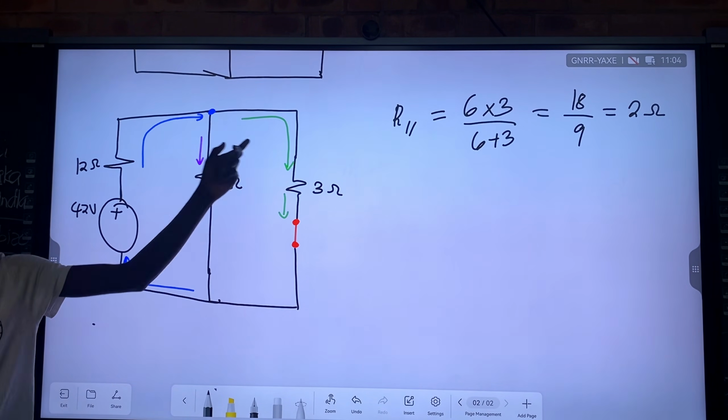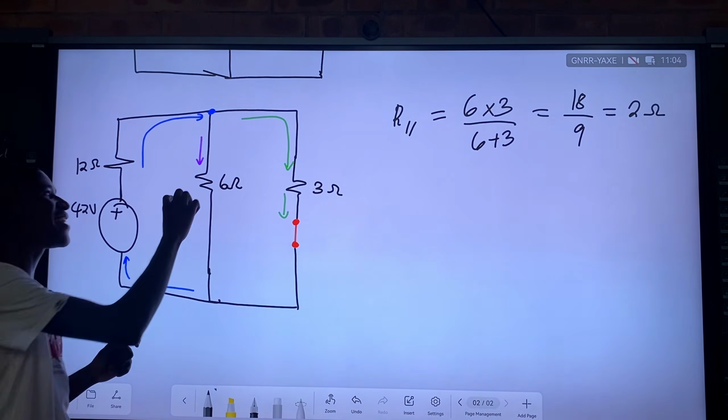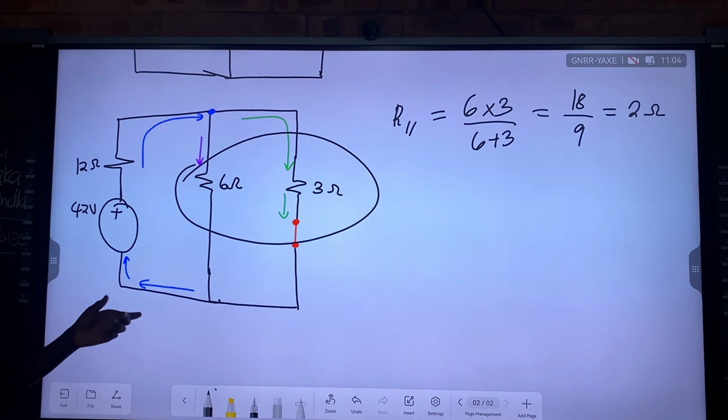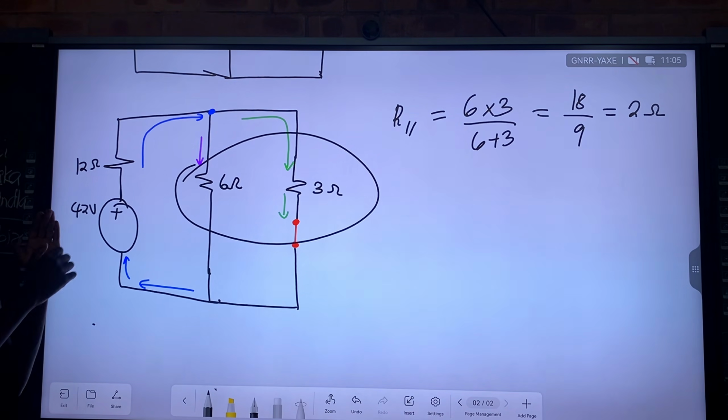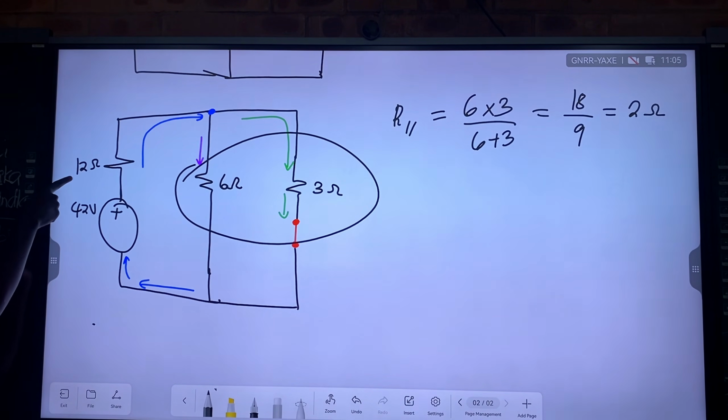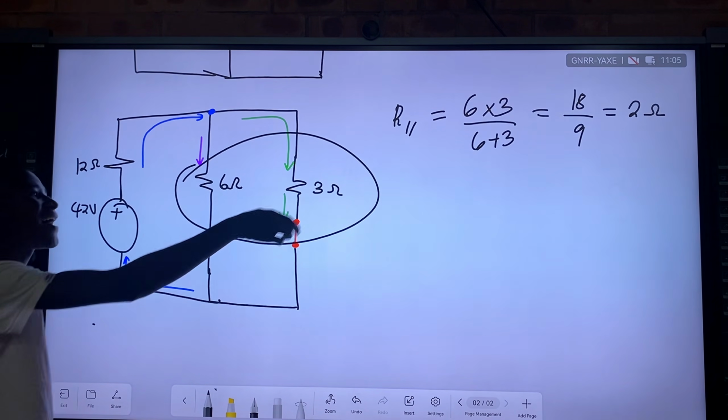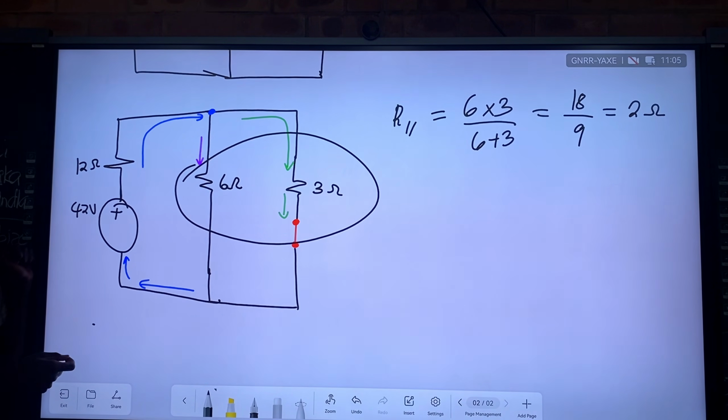But is it the only resistance? Are these the only 2 resistors taking the whole 42 volts? No, because we've got this 12 ohms that is connected in series to the 42 volts. In other words, we are actually going to divide our voltage across the parallel branch and these 12 ohms.